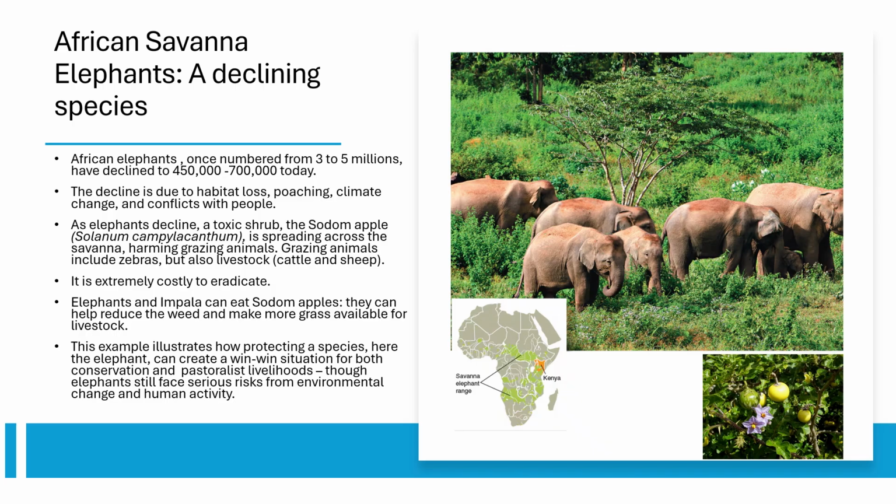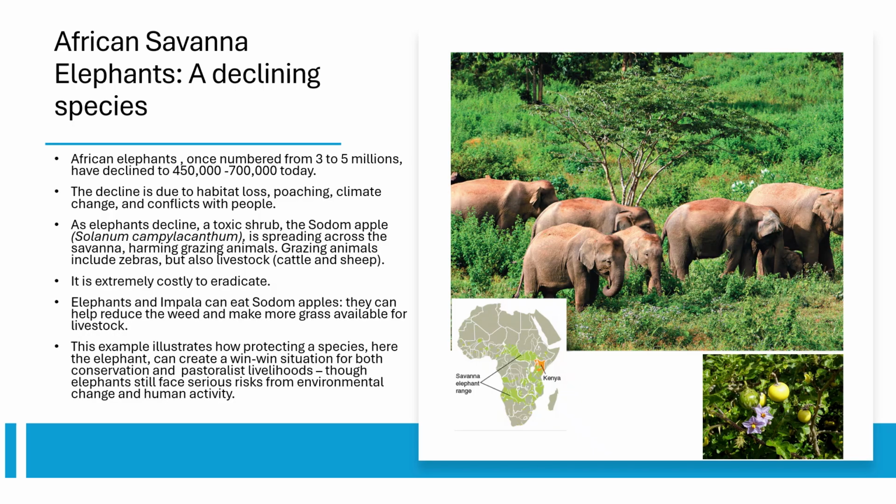And the decline is also changing not only the population of elephants, obviously, but also the population of other organisms. So, for example, the Sodom apple is a shrub, and it is spreading across the savanna. The shrub or the fruit is actually very toxic for many grazing animals.